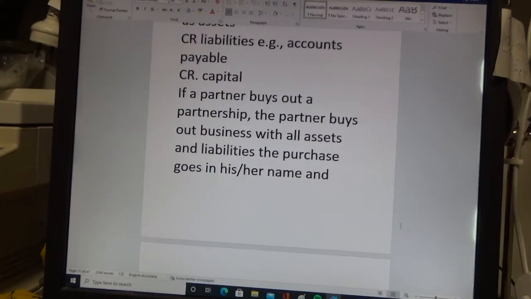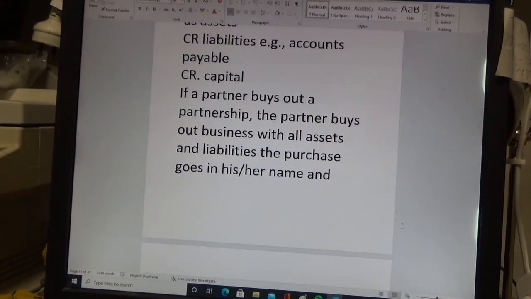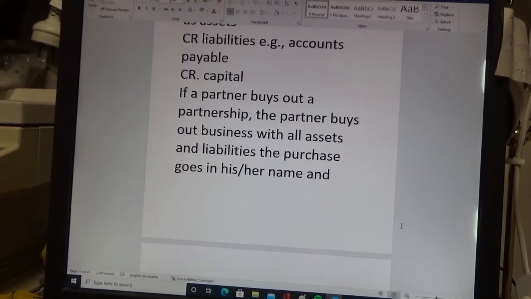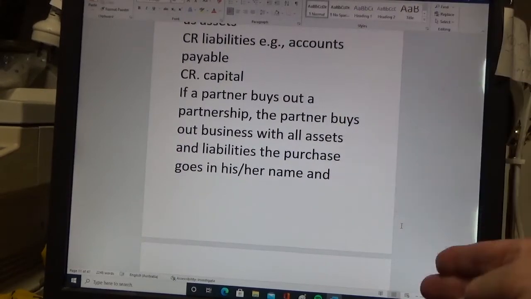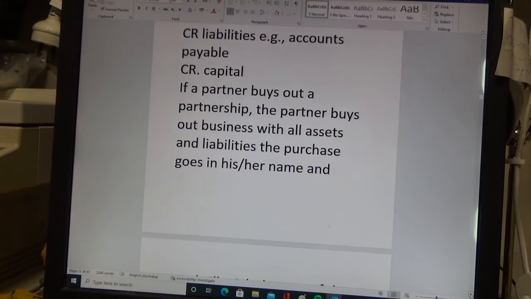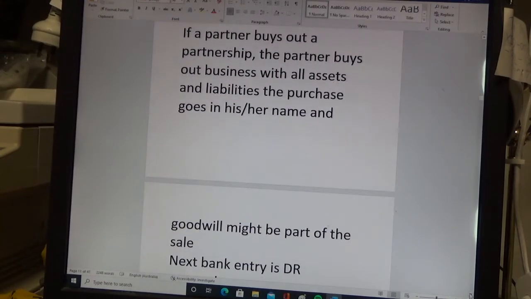If a partner buys out a partnership or contributes substantial capital or some capital, they bring their assets and liabilities into that list as well, and it has to be revalued, which I'll get to. And goodwill might be part of the sale purchase price over and above the intrinsic value of the partnership.